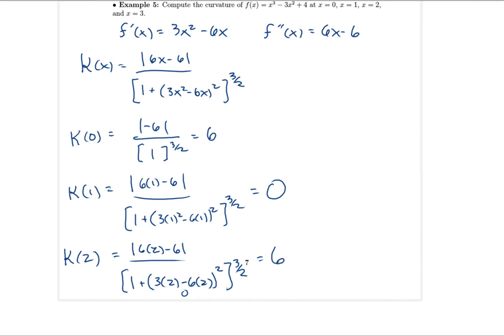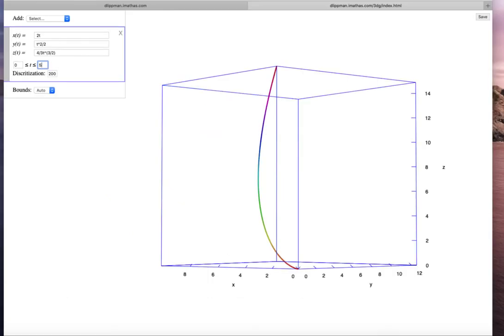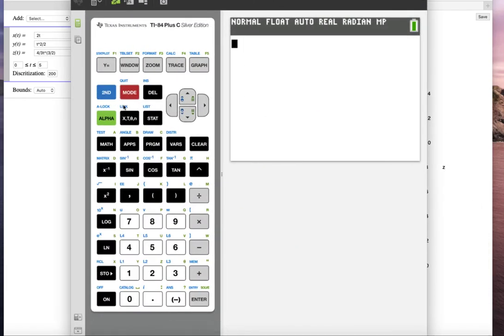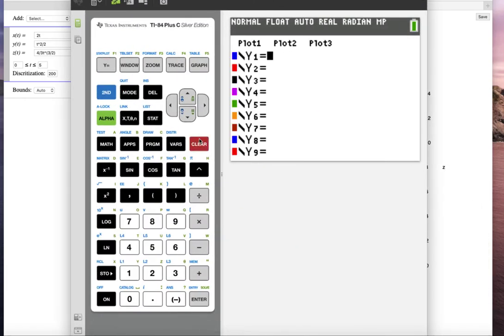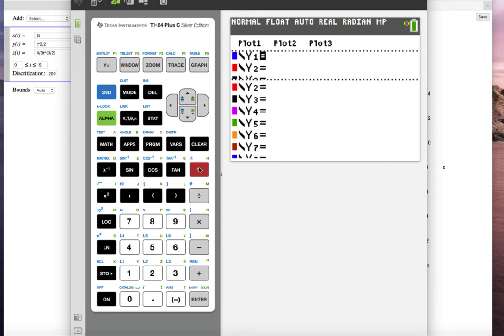So we can graph this. So here's our curve. So we'll type in x cubed minus 3x squared plus 4.